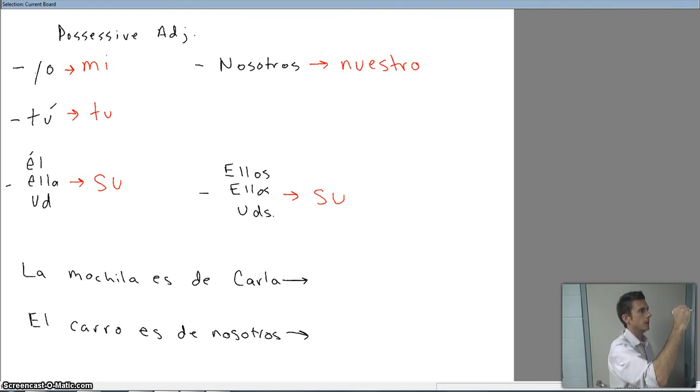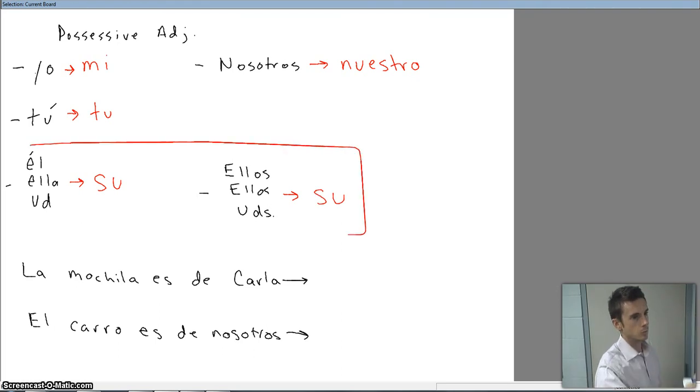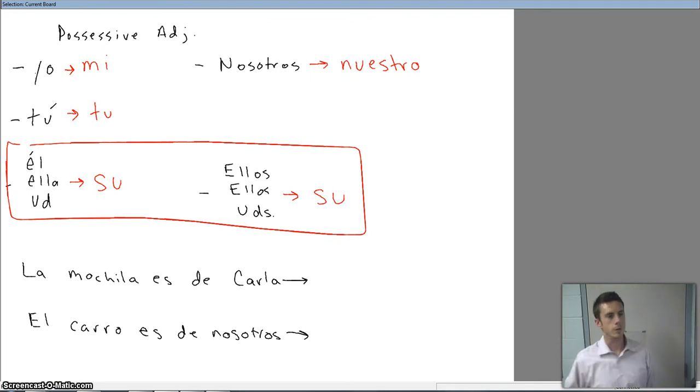So you can see you're going to need some context clues to know who you're talking about here. Okay? So you're going to have to know a little bit more information about your sentence. They use the same possessive adjective. Okay? So if this marker just belongs to you all, not me included, only you guys that are watching this, es su marcador. It's your marker. All right?